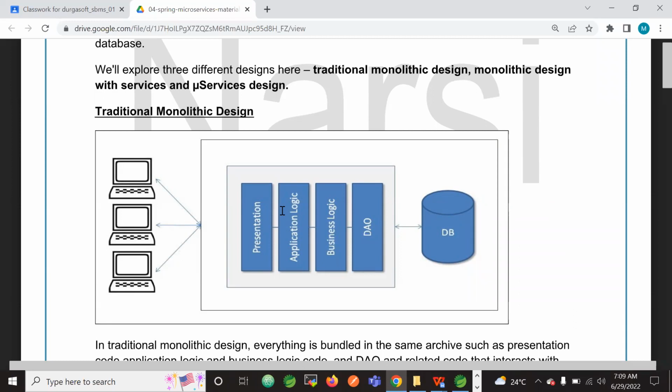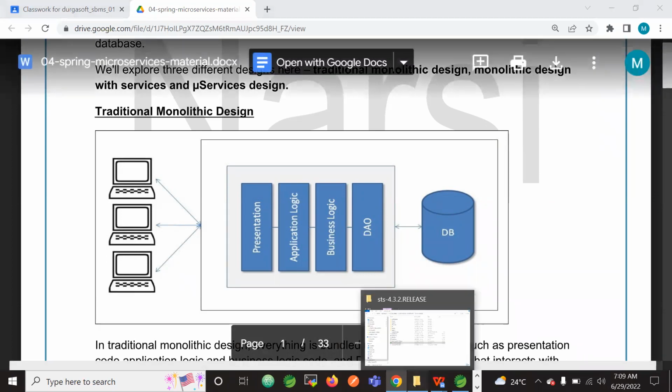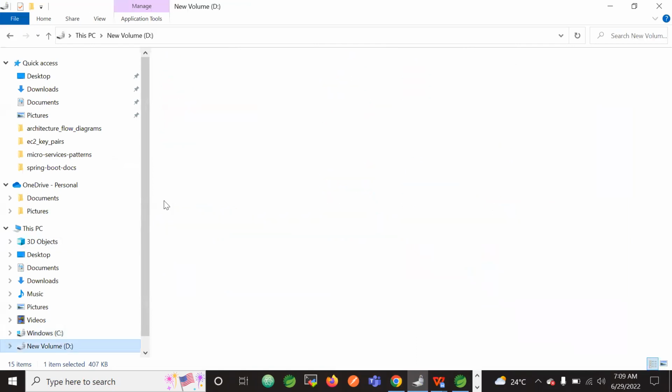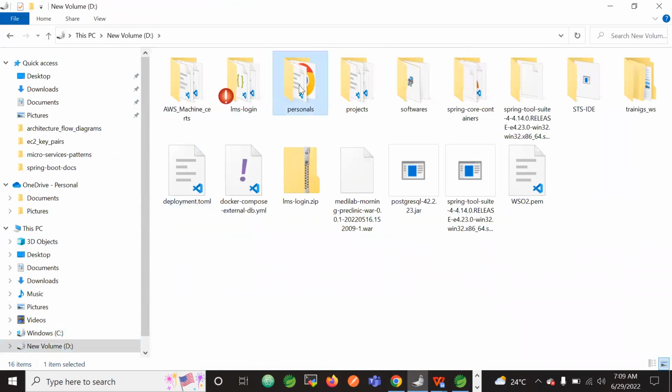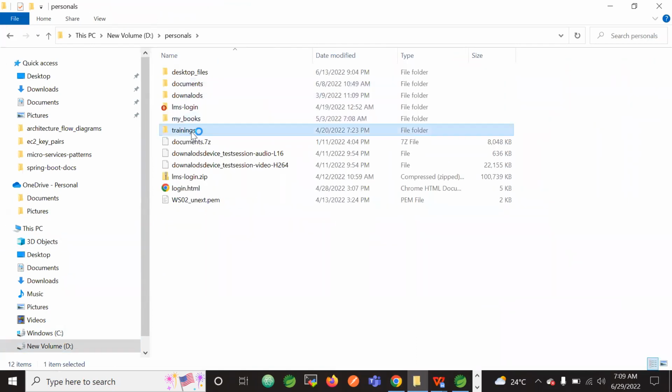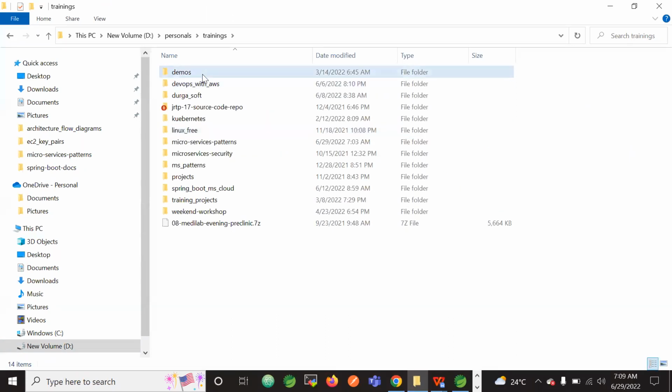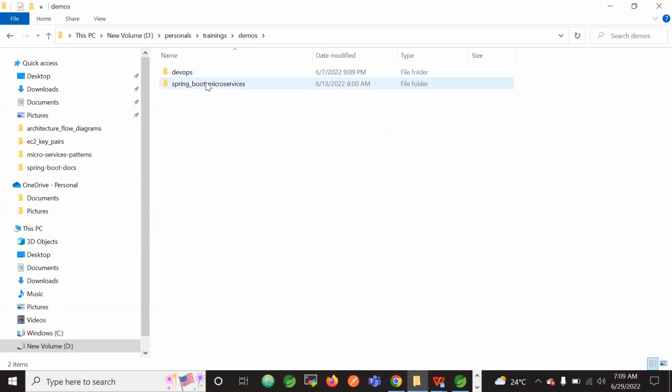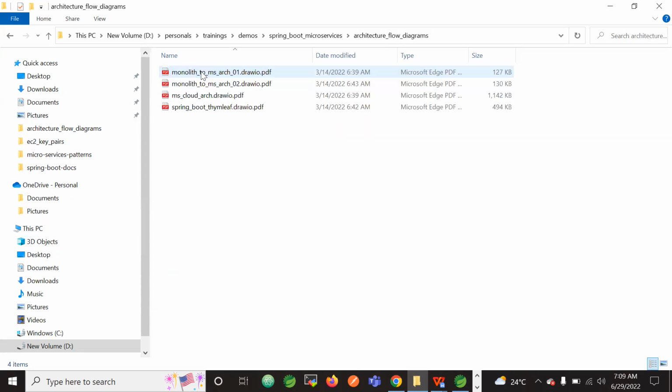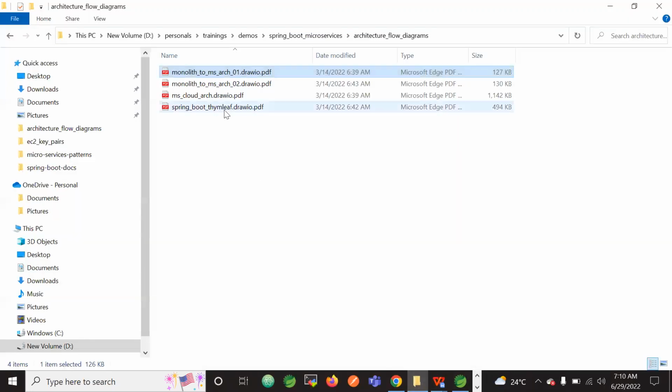To call an application an enterprise application, it should follow that architecture. Let me showcase another architecture diagram in a moment. Let me open this diagram.